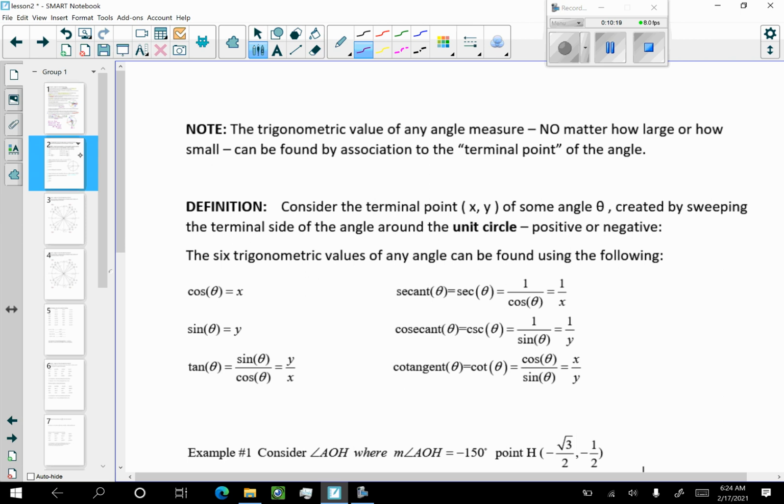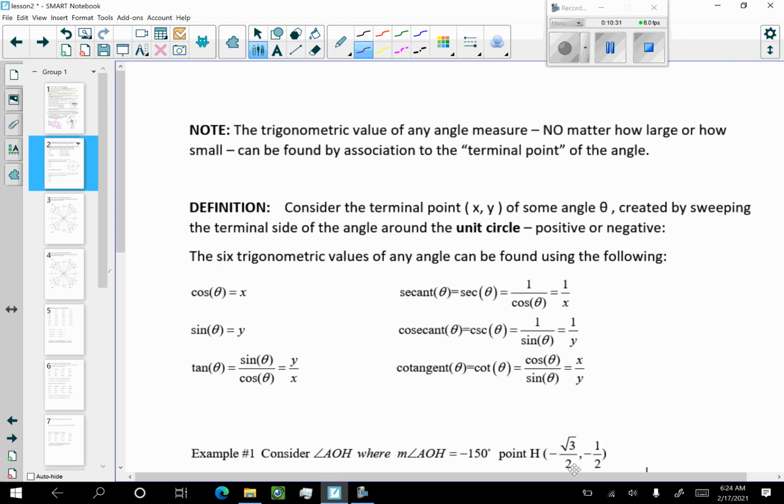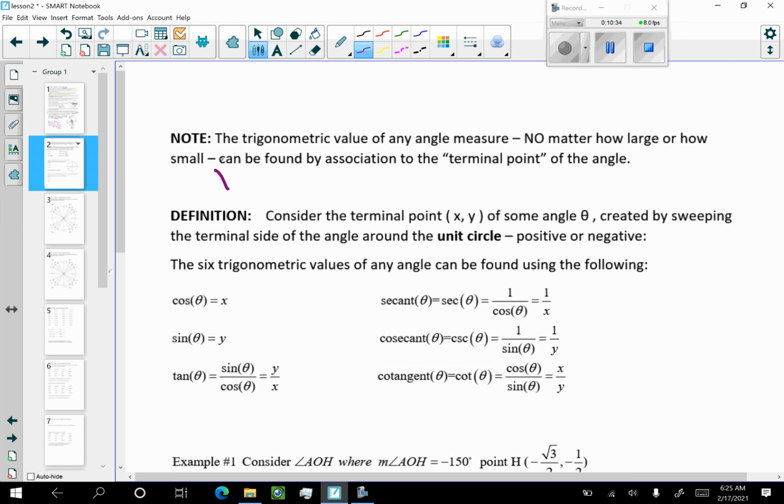Now here's what's really nice, because we've done this exact thing, and we use these exact definitions. We're just extending the definitions. So the trigonometric values of any angle measure, and this is freaky, no matter how large or how small, can be found by association to the terminal point of the angle.